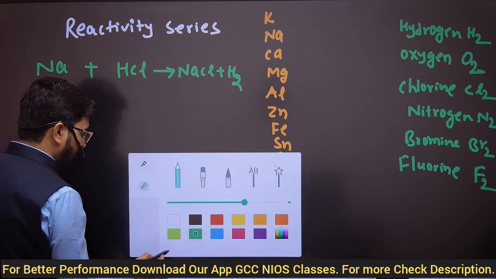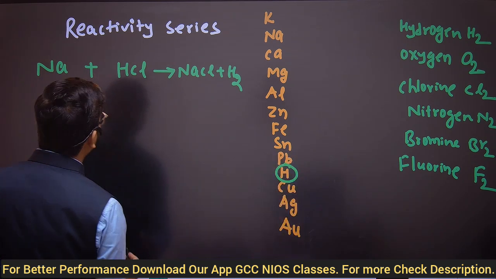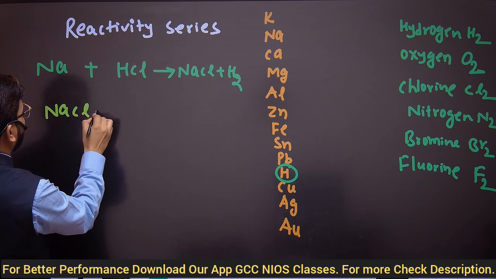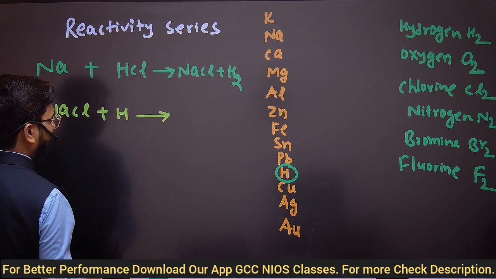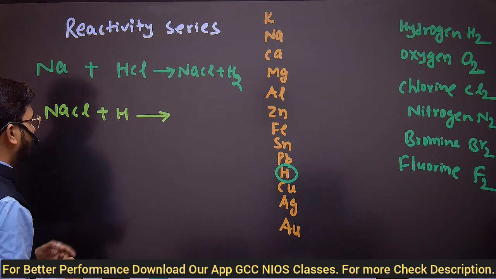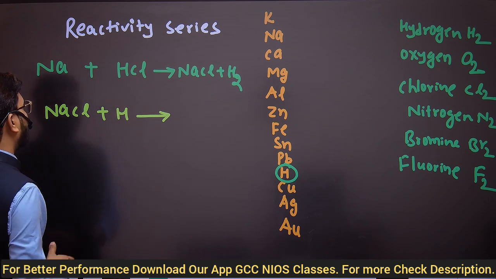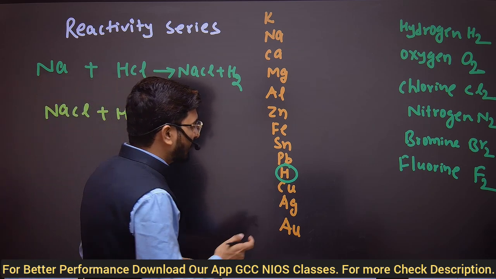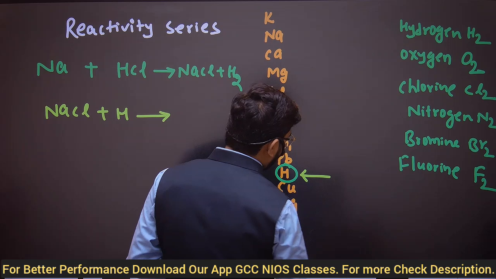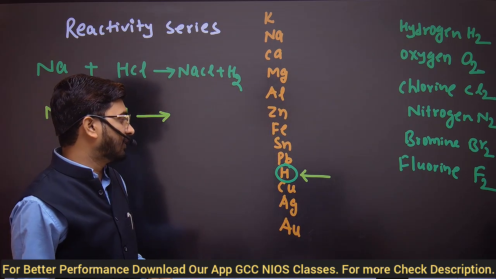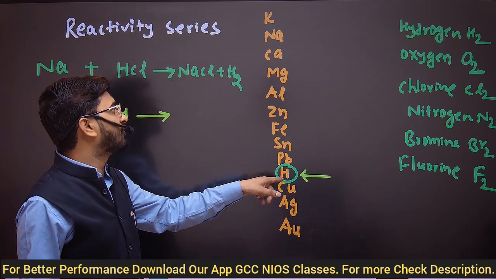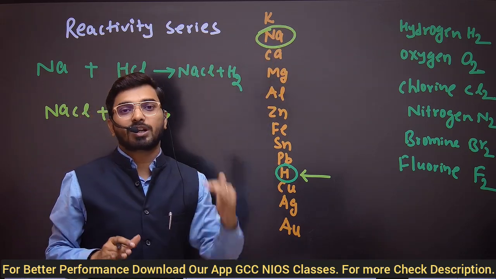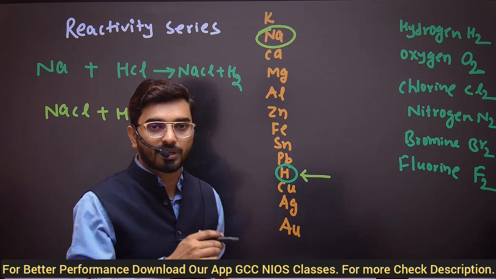Now let's assume that the reaction is NaCl plus H. In this case, is it possible that this hydrogen will displace the negative ion of sodium chloride? No, it's not possible, because according to the reactivity series, hydrogen is below sodium and only upper elements can displace lower elements.